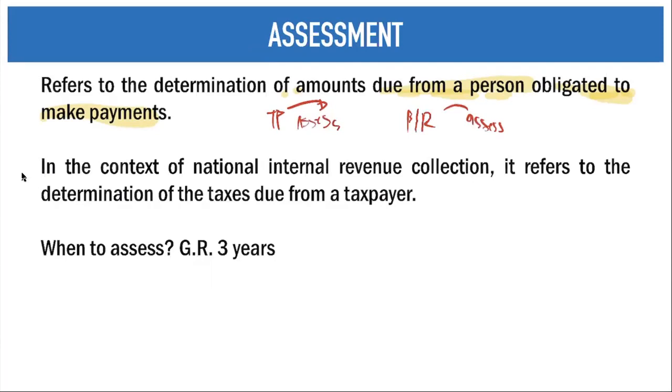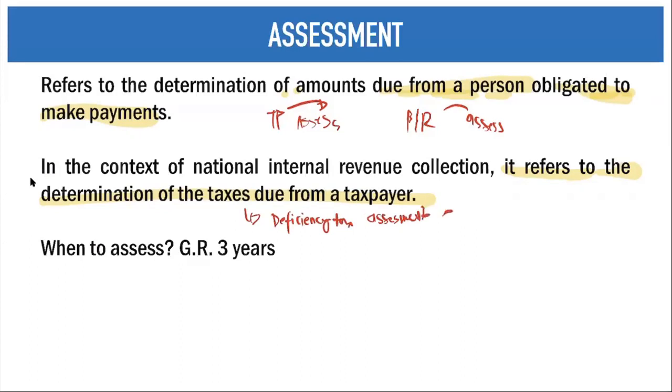In the context of your national internal revenue collection, it refers to the determination of taxes due from a taxpayer. So generally, this determination of taxes due from a taxpayer, as we have discussed a while back, is known as your deficiency tax assessment.